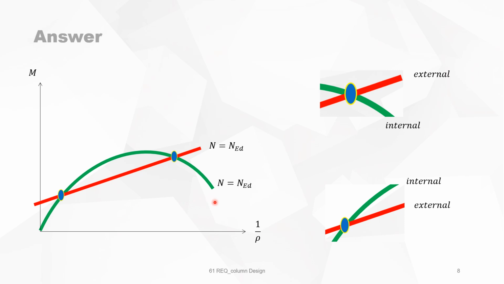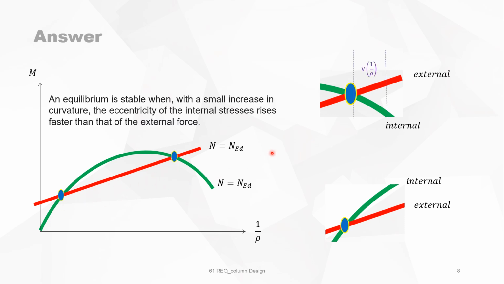Now, when we put the two graphs together, the bending moment in function of the curvature, we have the green line, which is internal forces, and the red one, which is the external forces. Now we have 2 points where there can be an equilibrium. Let's look at the first point here.